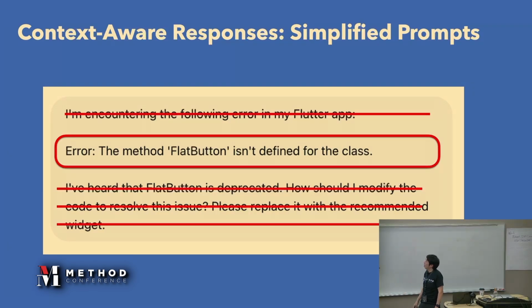It means I input just the error, the method 'FlatButton' isn't defined for the class, instead of inputting the whole program, and generative AI can easily understand my request. So we don't have to include these full contents. This tip will save our time.